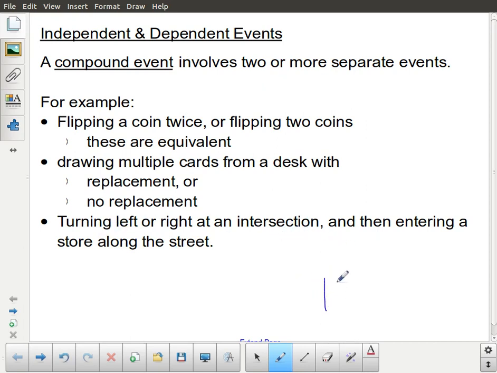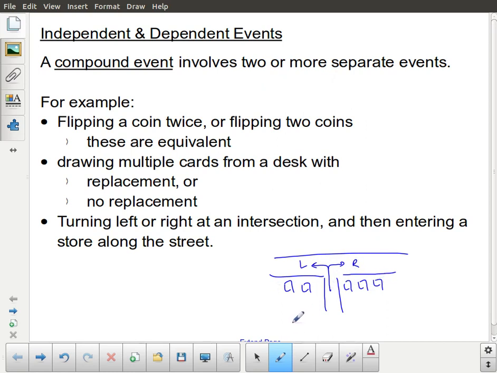And this is just another example that I made up to try to illustrate this idea. Let's say, for the sake of simplicity, I had a street with a T-junction, and there were three stores in one direction down the street, and two stores down the other direction. When I get to this junction, I can turn right or left, and then I can make a decision about whether or not I'm going to go into one of these stores.